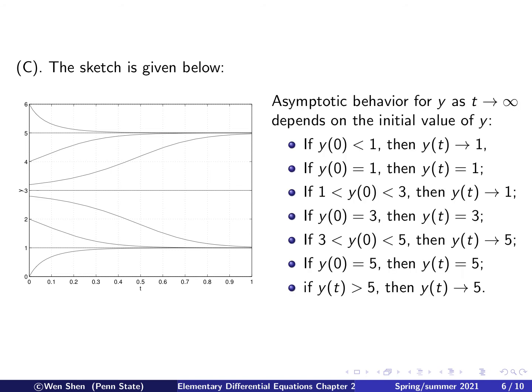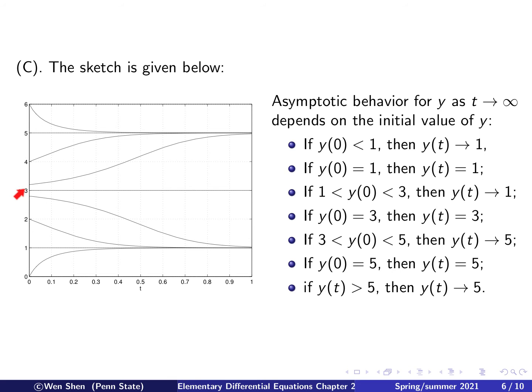Okay, and we can analyze asymptotic behavior. With this graph next to us, it's very clear. So we see that first, if y initially is less than 1, then it approaches 1. And if y initially is 1, it's constant 1. And if y is between 1 and 3, it approaches 1.